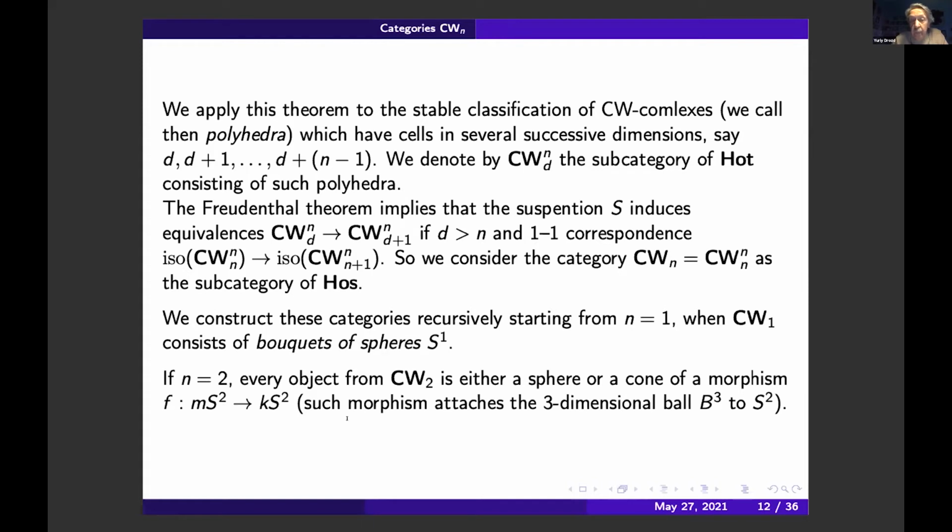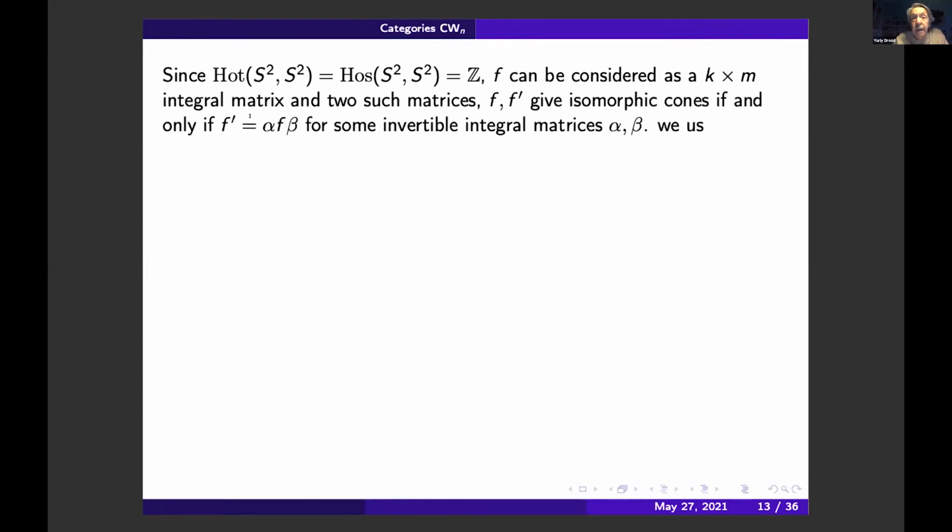It is a gluing of a three-dimensional ball to a two-dimensional sphere, so it must be by a map from the border. But homotopy classes of morphisms from S2 to S2 are just integers.